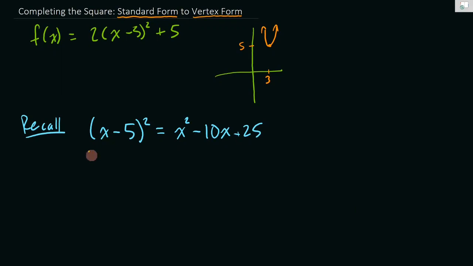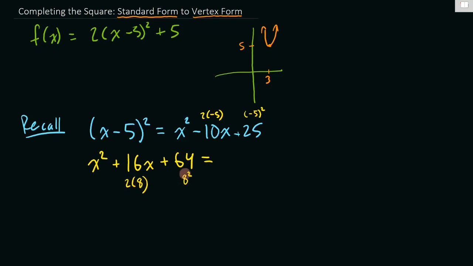If we have, let's say, x squared plus 16x plus 64. Well, I notice that 64 is 8 squared, and 16 is 2 times 8, right? And that's the exact same form we had here. This is negative 5 squared, and this is 2 times negative 5.